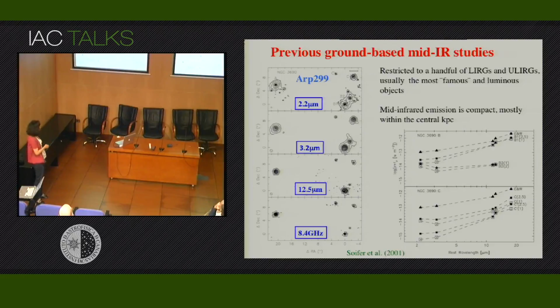One of the results they got from their study is that in general the mid-infrared emission was very concentrated in a number of regions in this galaxy. But mostly, most of the emission is coming from the central kiloparsec in each of these two galaxies. Now, Arp 299 is almost a ULIRG, so maybe it's not very representative of the luminous infrared class.